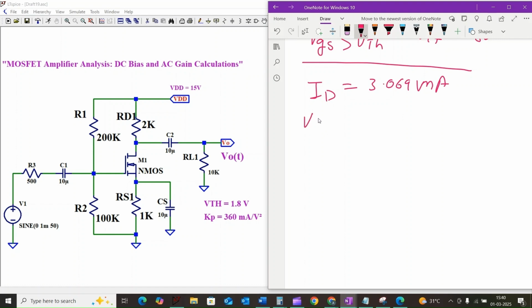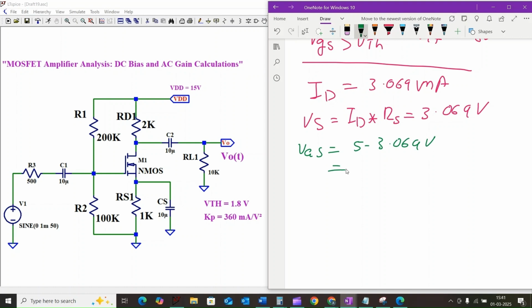So VS will be equal to ID into RS, which is 3.069 volt, so that VGS equals 5 minus 3.069 volt.